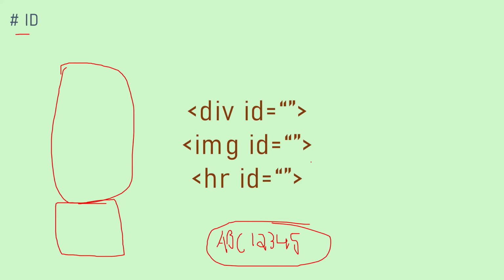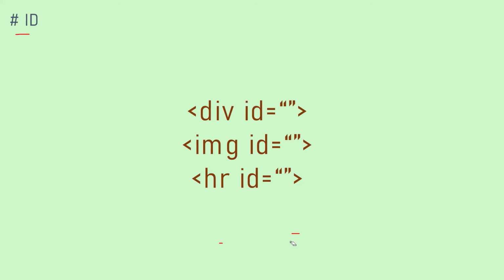The same follows in the ID tag also. Only one ID tag can be there for a page. Not that you have to give only one ID tag. No, the name needs to be unique over the entire page. If you go to another page, the name can be repeated, but in the same page the name should be unique.